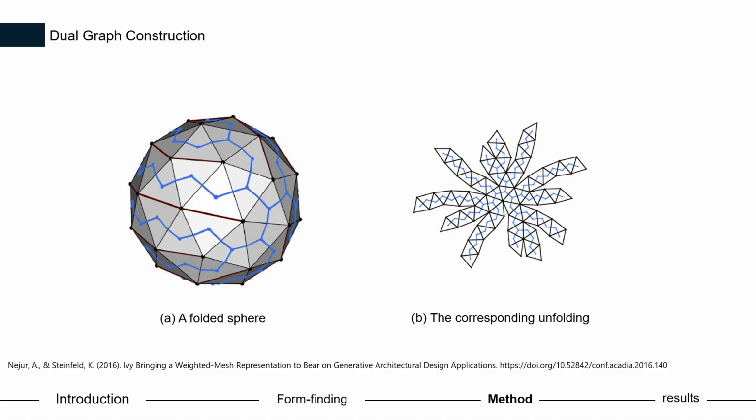So in this kind of dual graph, which is common for decomposition and unfolding, each mesh face becomes a node and shared edges become connections. However, volumetric meshes often include multi-manifold edges shared by more than two faces. To handle this, we apply an edge expansion process, which I will explain in the next slide.